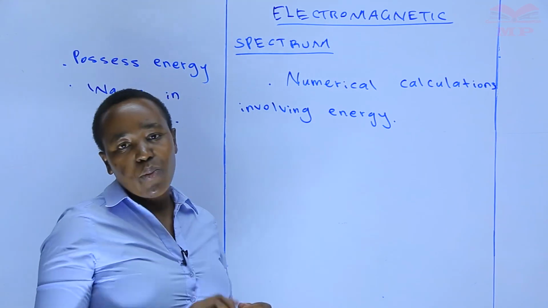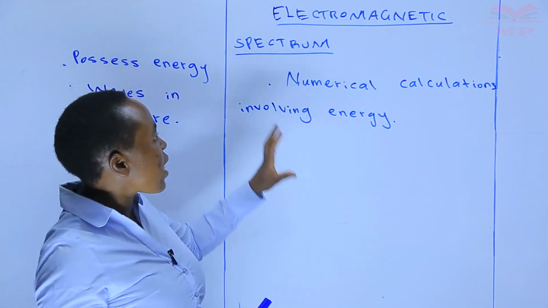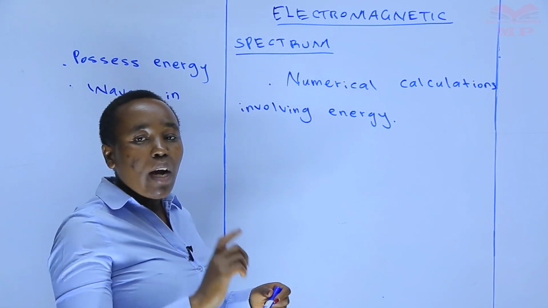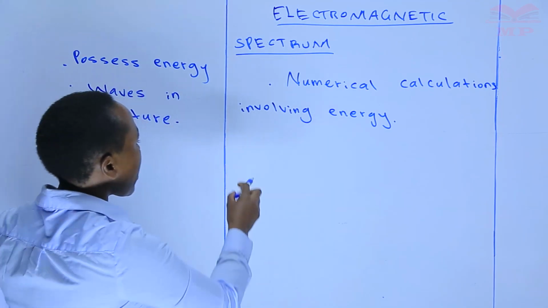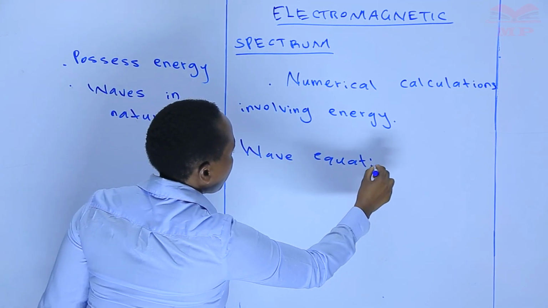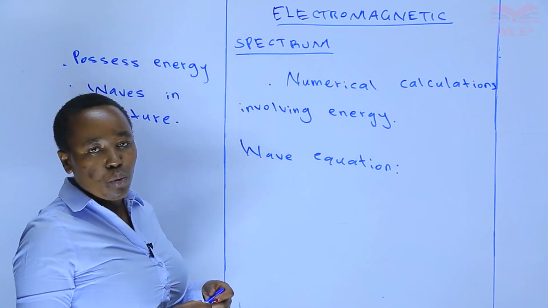To start with, I would like us to write the wave equation. Now that these electromagnetic waves are waves in nature, we are going to consider the wave equation derived in Waves 1, Book 2.